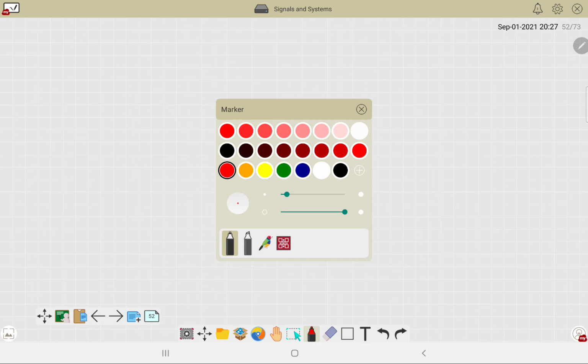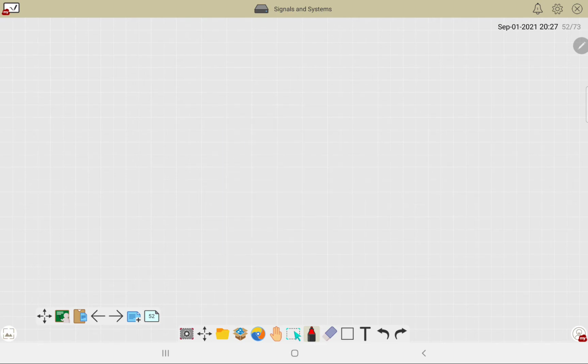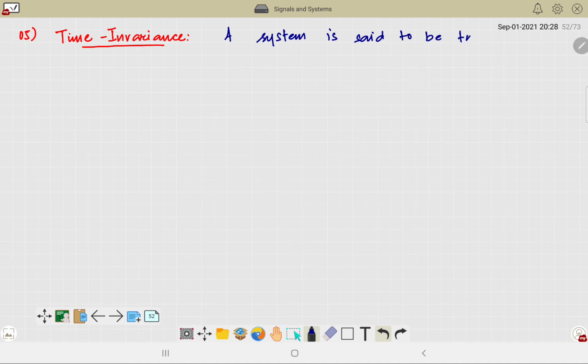Then yet another important property is the property of time invariance. Again, this is a very important property. And this actually shows the behavior of my system with respect to time. Right? First, we will have a formal definition that a system is said to be time invariant.